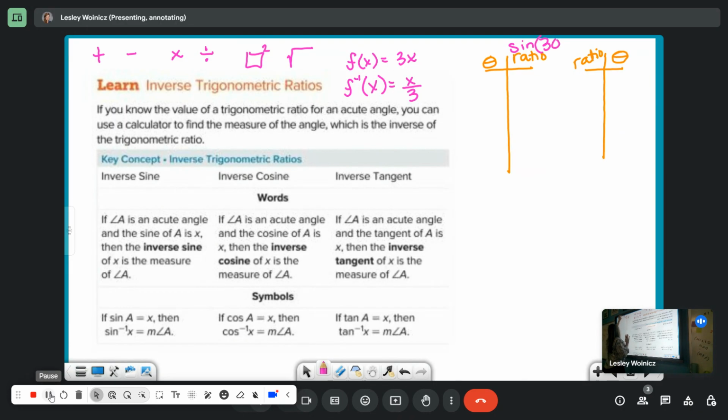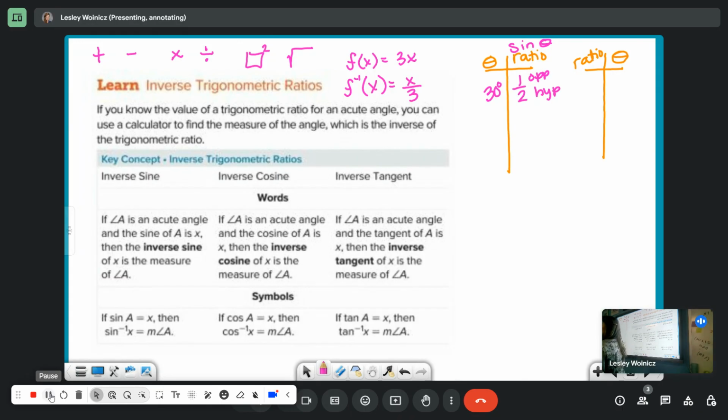Make sure you're in degrees. Okay, so we're feeding it an angle of 30 degrees. And what do you get for the sine of 30 degrees? Okay, which we know as 1/2. So that is the ratio of the opposite to the hypotenuse, correct?